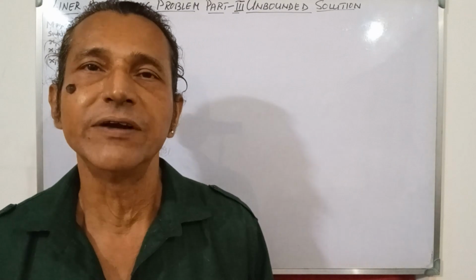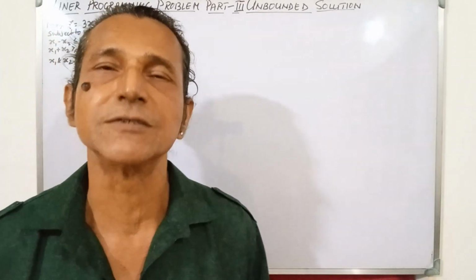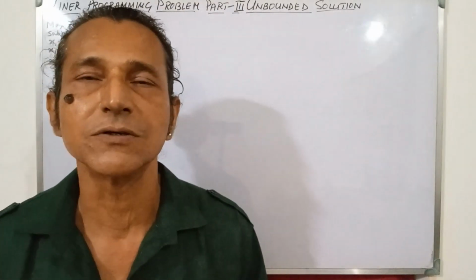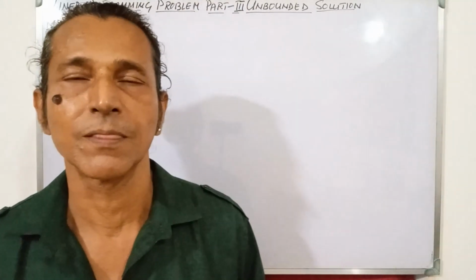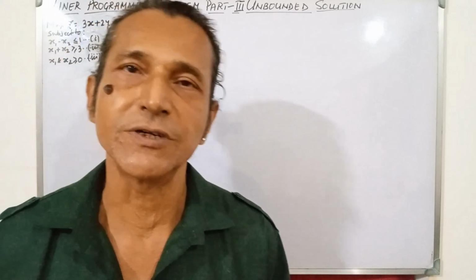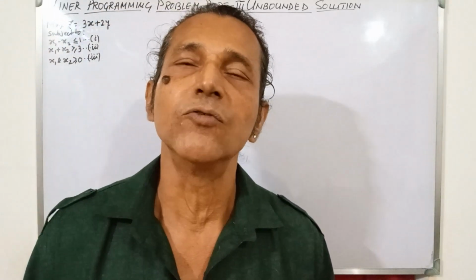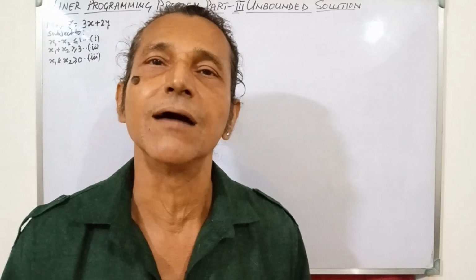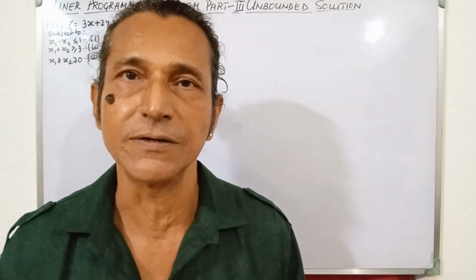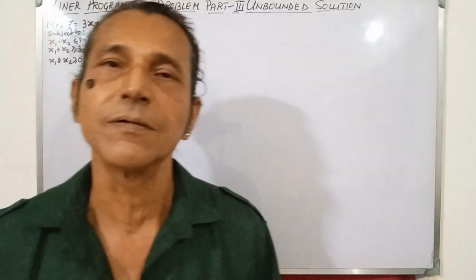In my earlier videos, we have faced very well-behaved problems. That means we have found out optimum solutions. But there can be situations where you won't be able to find a finite solution or optimum solution. That is called unbounded solution.